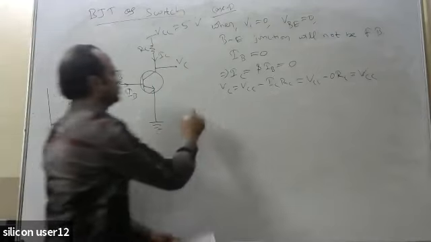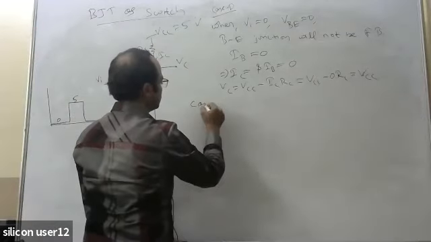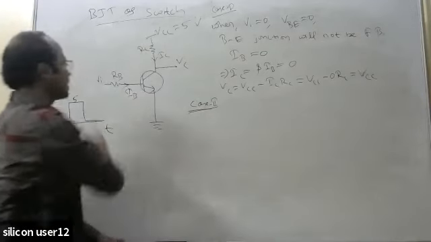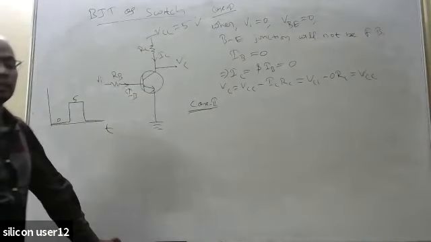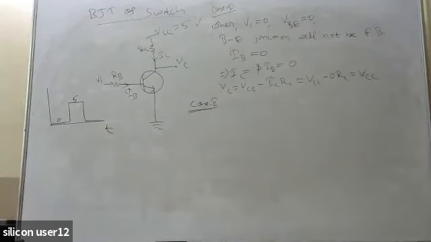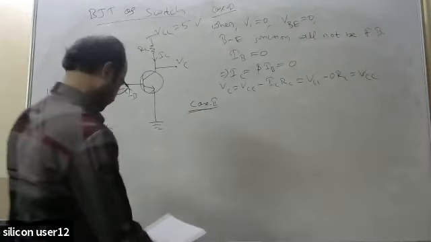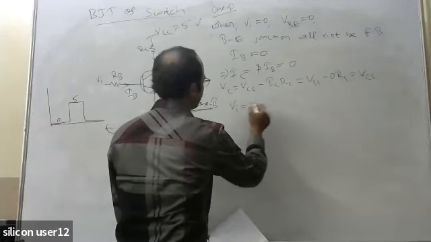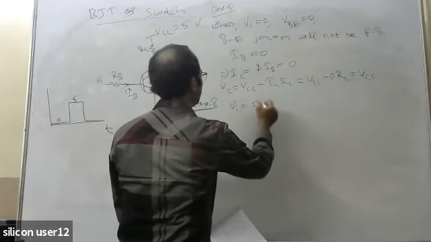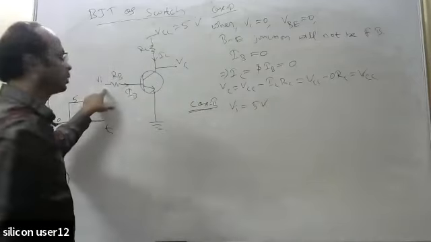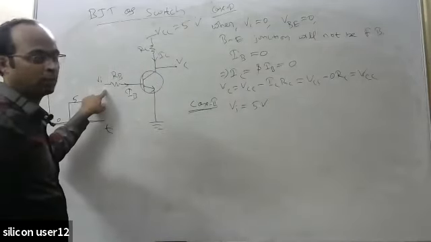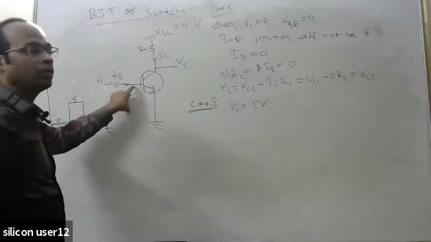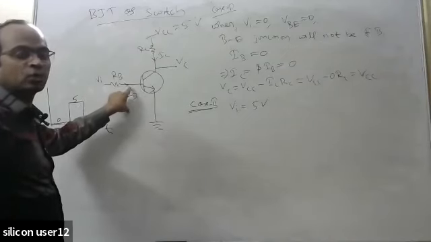In case 2, if you are applying a high voltage, then what will happen, that we will see. If my VI is 5 volt, that means I am applying the maximum high positive voltage. Then IB will be high, a larger quantity.